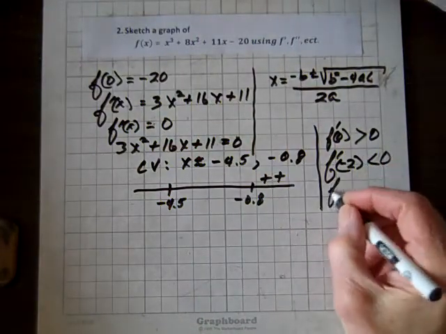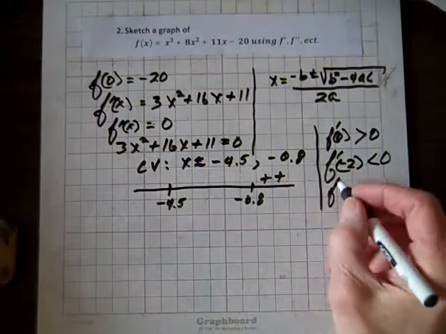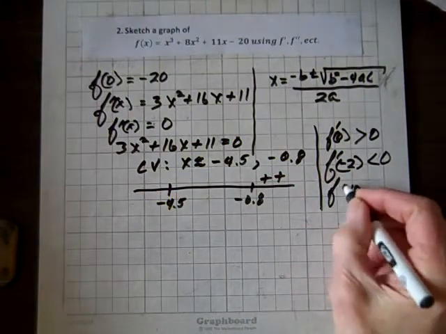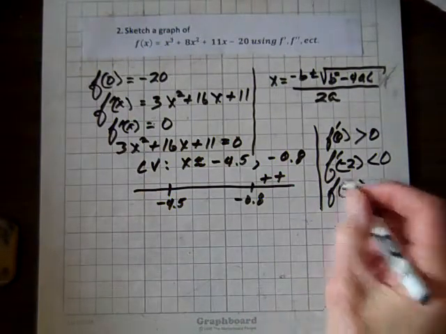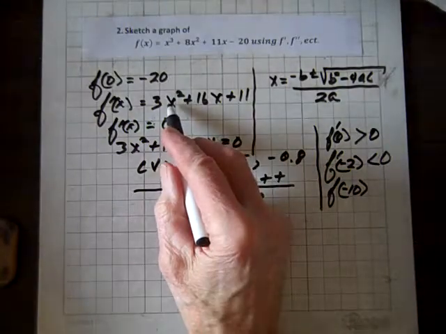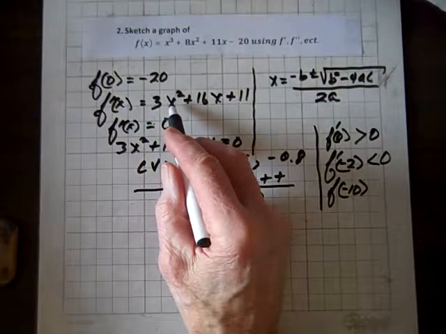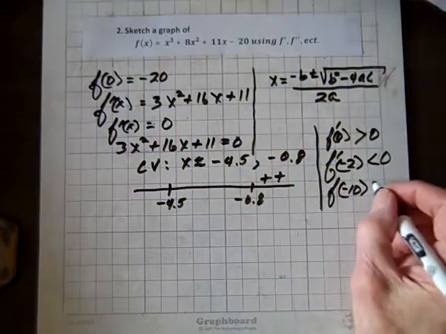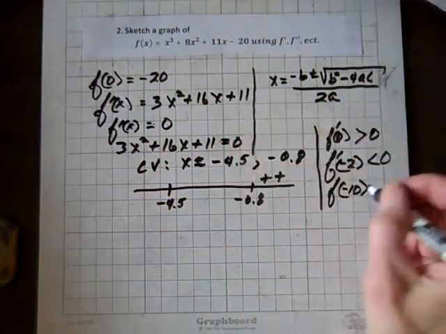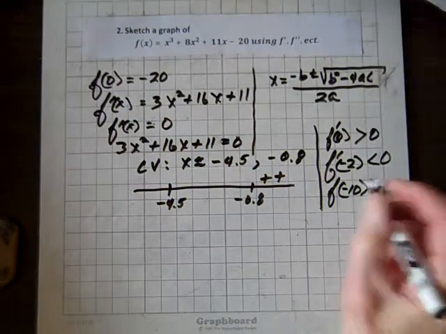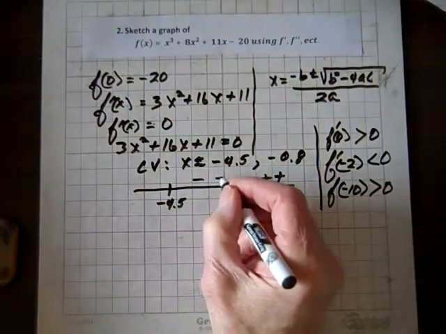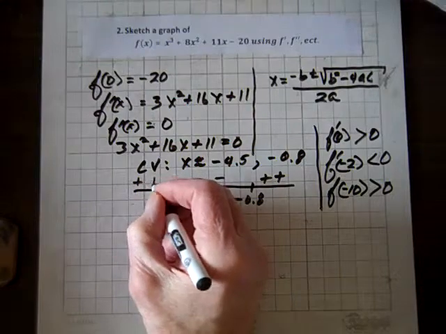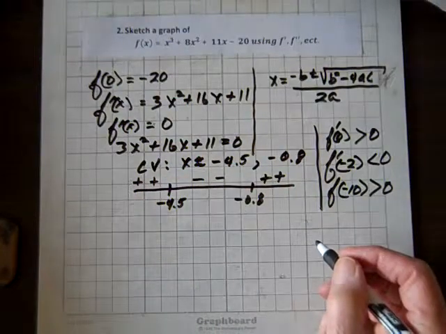And finally, evaluating for a point in this interval like negative 10, negative 10 squared is 100, times 3 is 300, minus 160 plus 11. That's greater than 0. So anyhow, the signs indicate what our slopes are on those intervals.